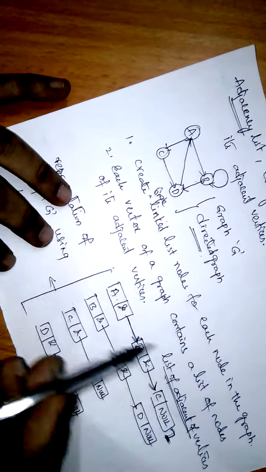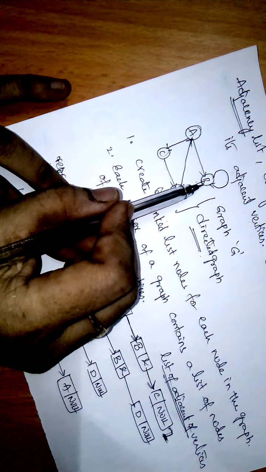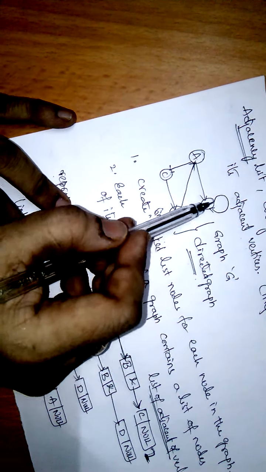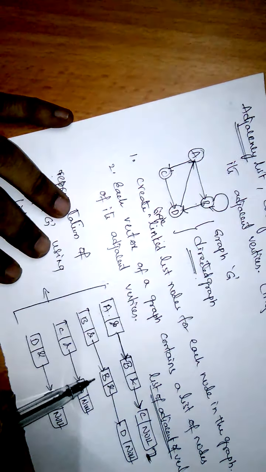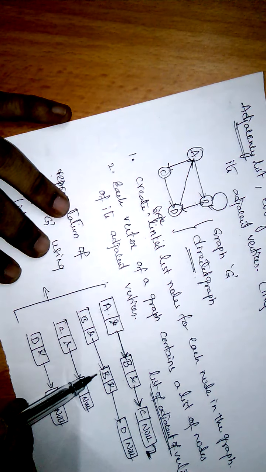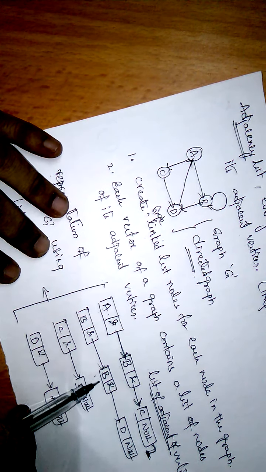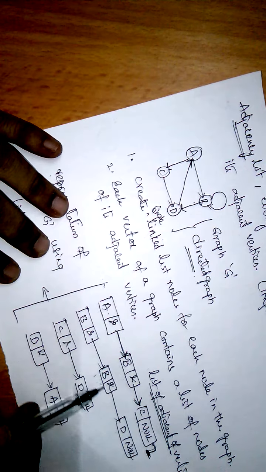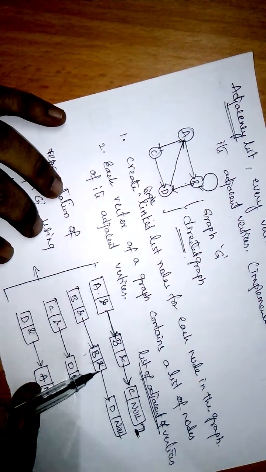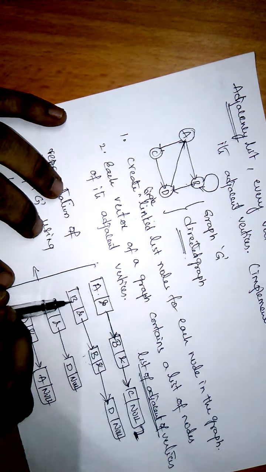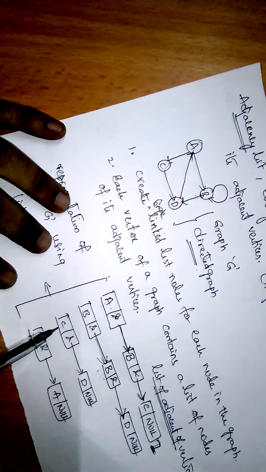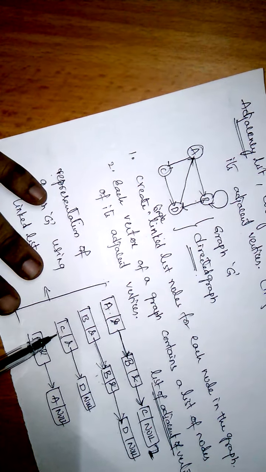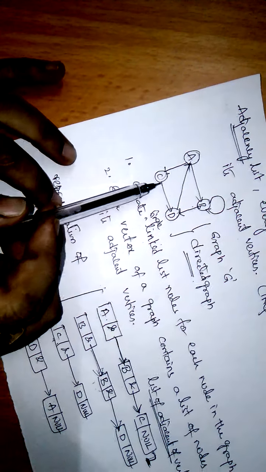Next, B. Now the adjacency nodes of B are B itself, and also D. So the adjacency list is B and D. We create B and D, and the vertex B points to this list. Next, C. What are the adjacency nodes of C?